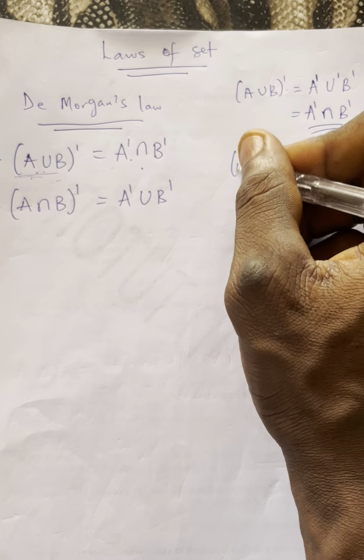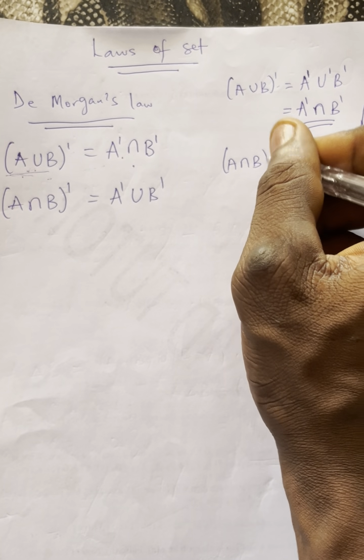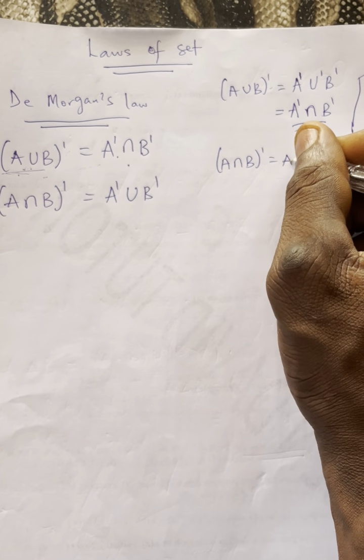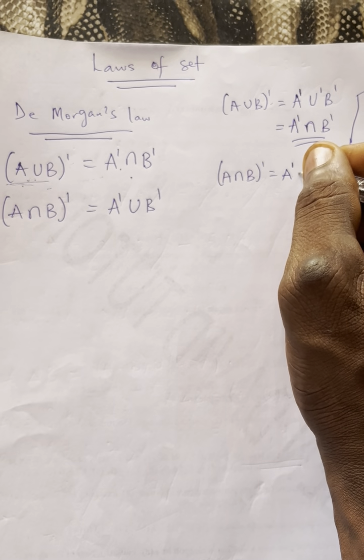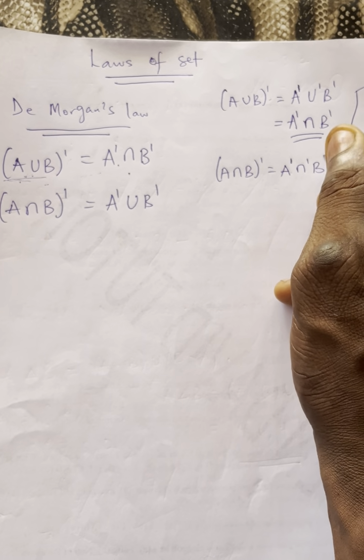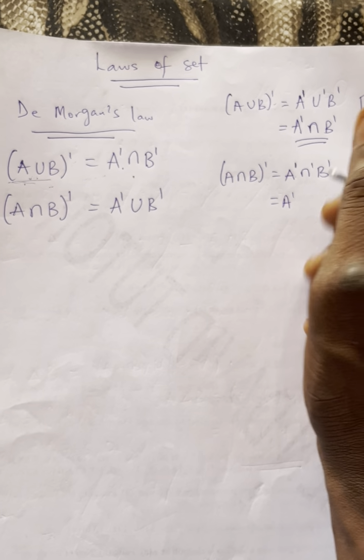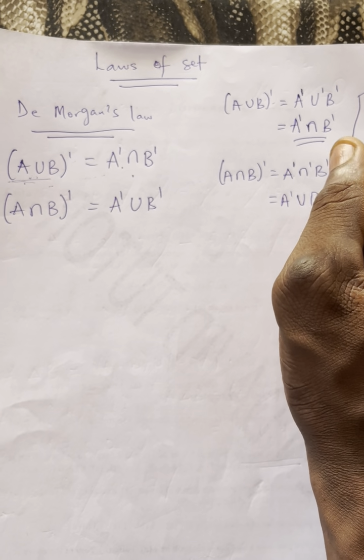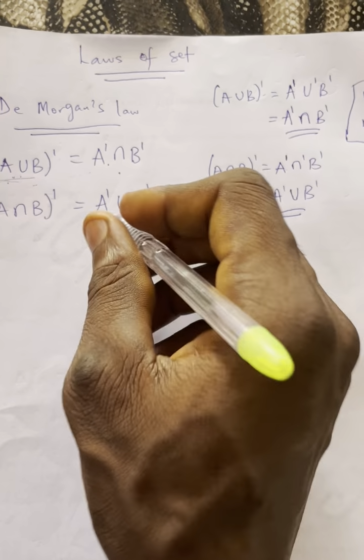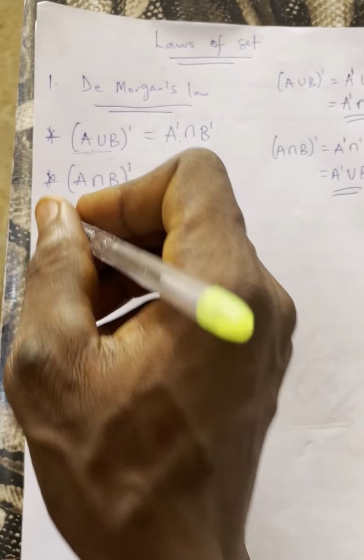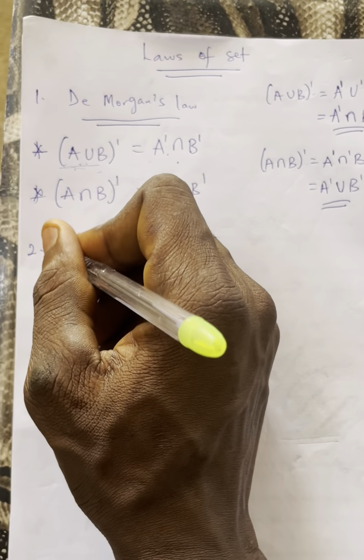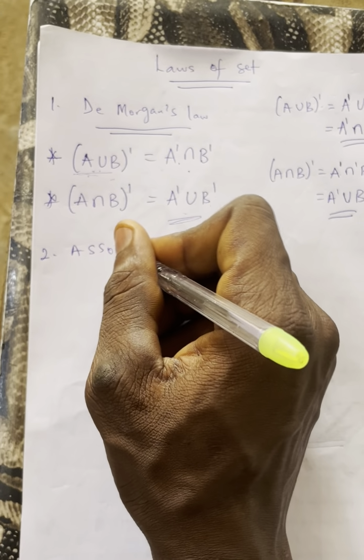And at the same time, the second one, (A intersection B) complement, if you use the complement to open the bracket, gives A complement, intersection complement, B complement. Then intersection complement is union, so we have A complement union B complement. That is how we derive this value. Number two law, we have what is known as the associative law.